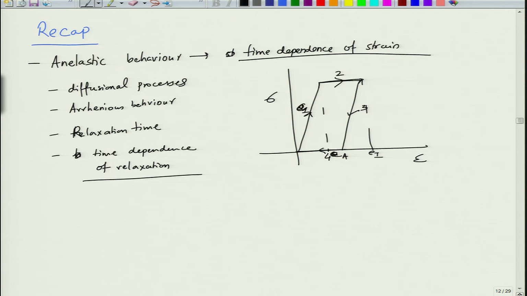Now, we are going to move to a new topic which is called plastic deformation of materials.